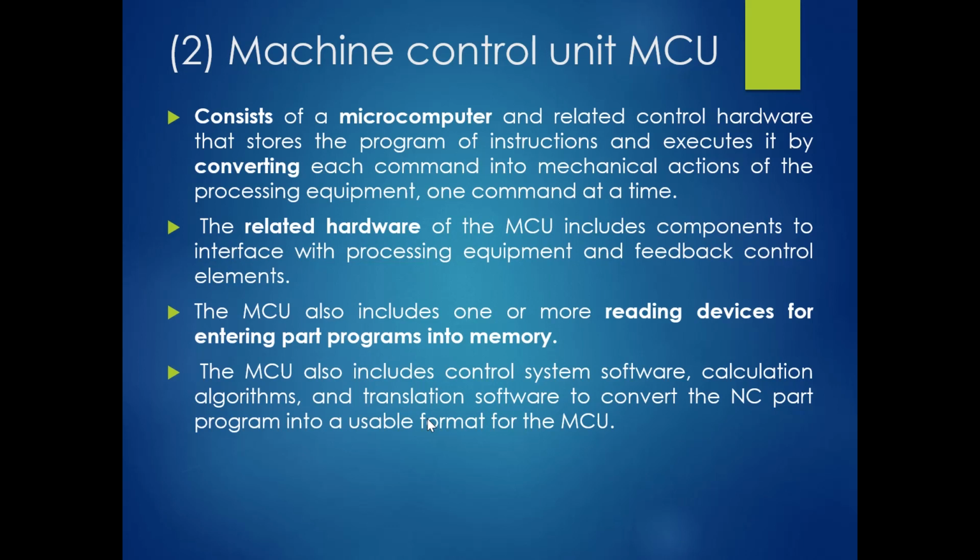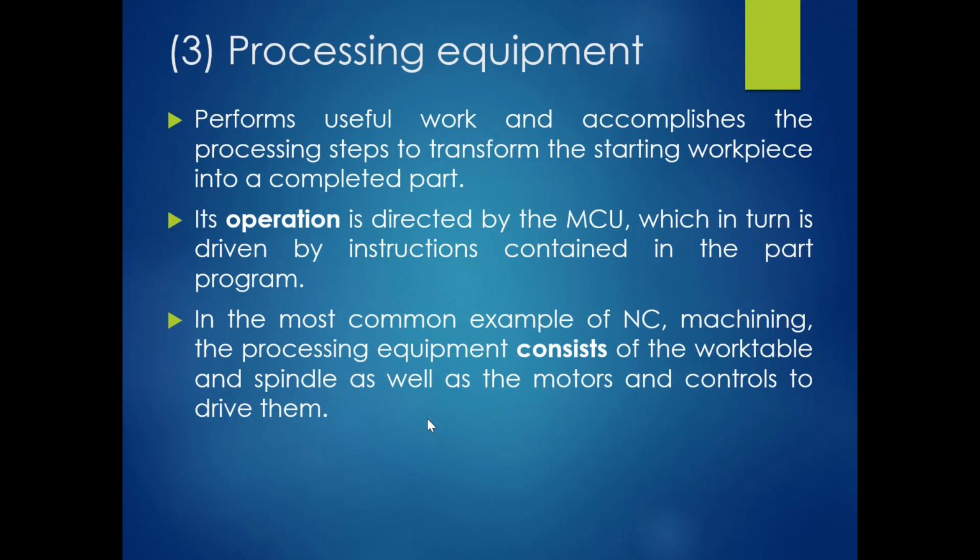The MCU also includes control system software, calculation algorithms, and translation software to convert the NC part program, that is numerical control part program, into usable format for the MCU. The third component of NC system is processing equipment. It performs useful work and accomplishes the processing steps to transform the starting workpiece into a completed part.